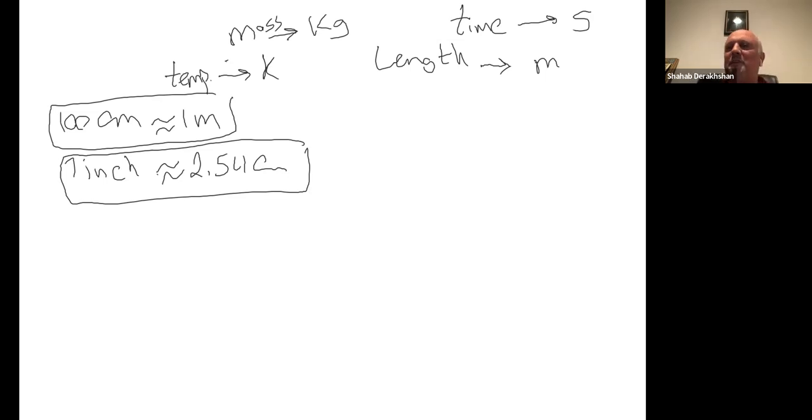When it comes to unit conversion, you are basically going from one criteria to another. Let me give you an example to make this more clear. Let's say I have an object which is 2.56 meters, and I want to know how many centimeters this is.